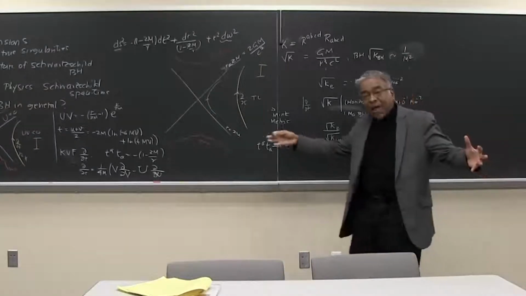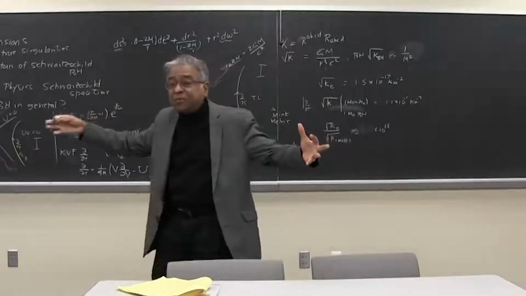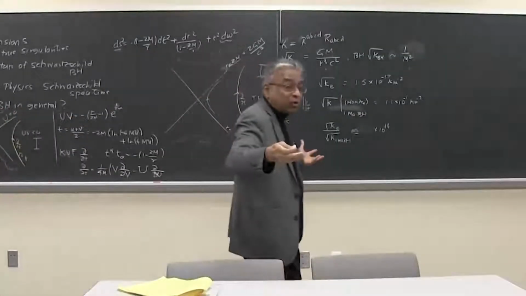Now we know that there are black holes which are supermassive in the center of galaxies. They are about 10 to the 9 solar masses.